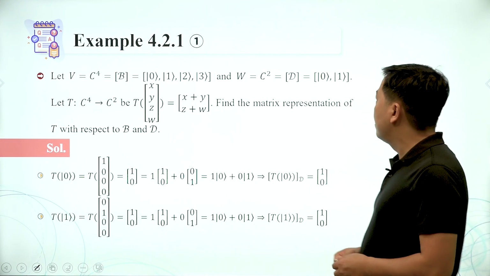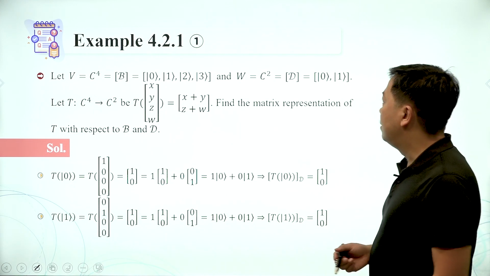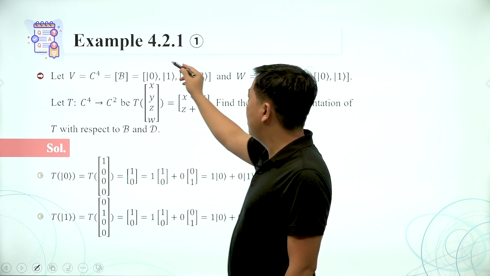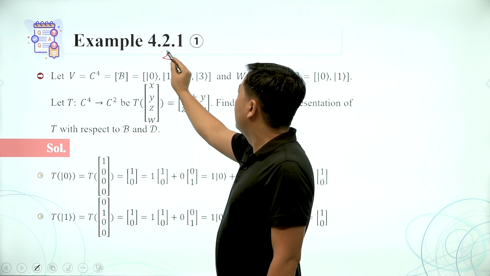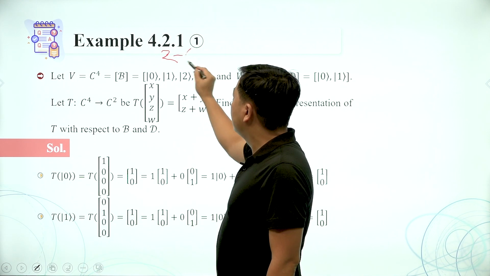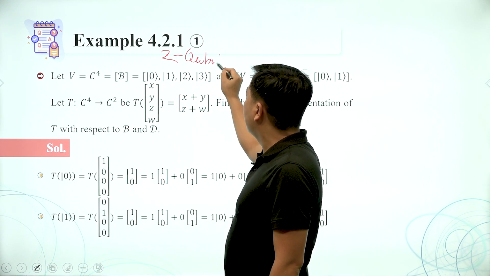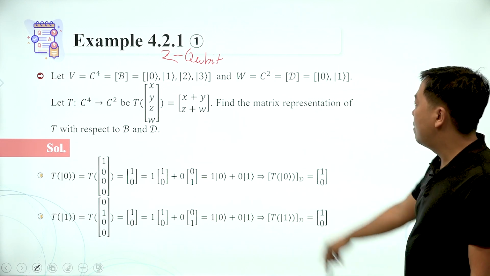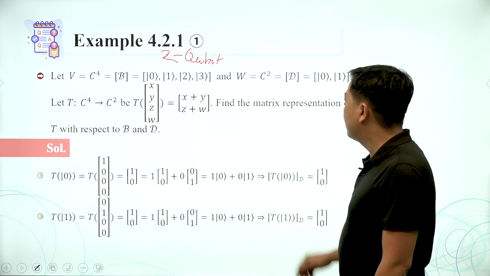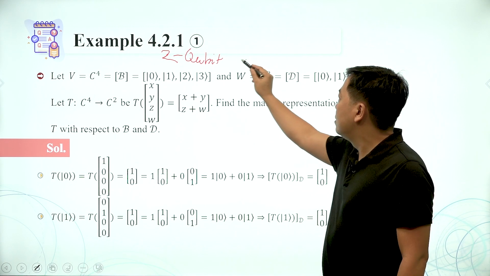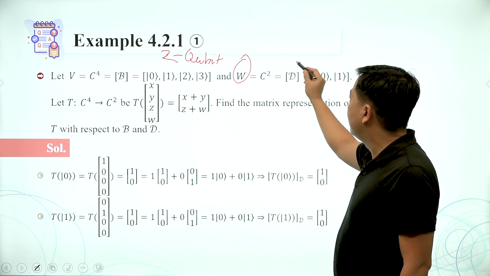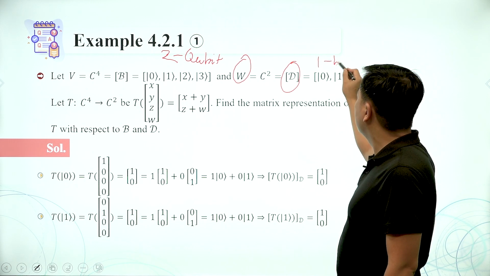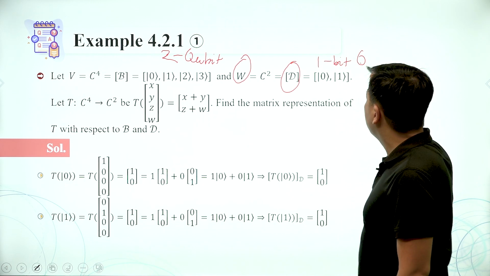For example, we have the vector V, which is a 2-qubit vector, and we have W, the other vector, with a basis of 1 qubit.